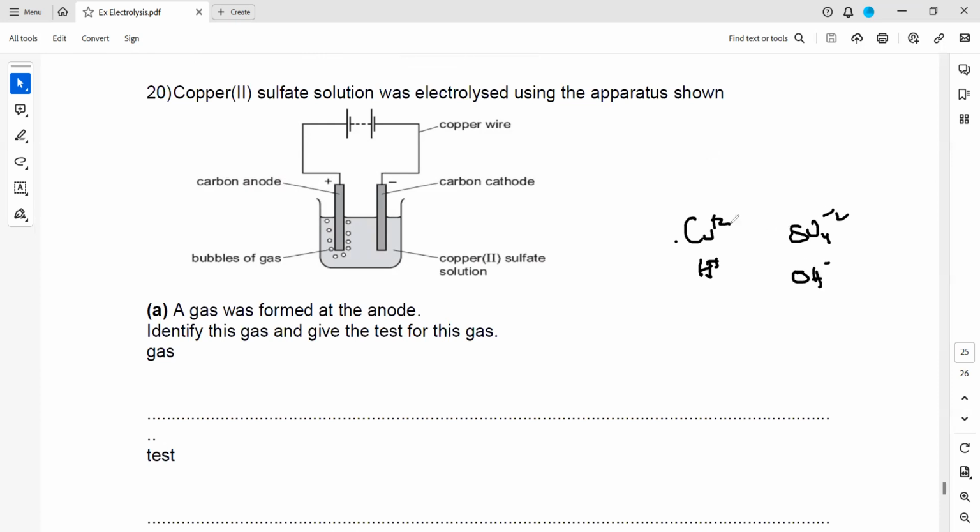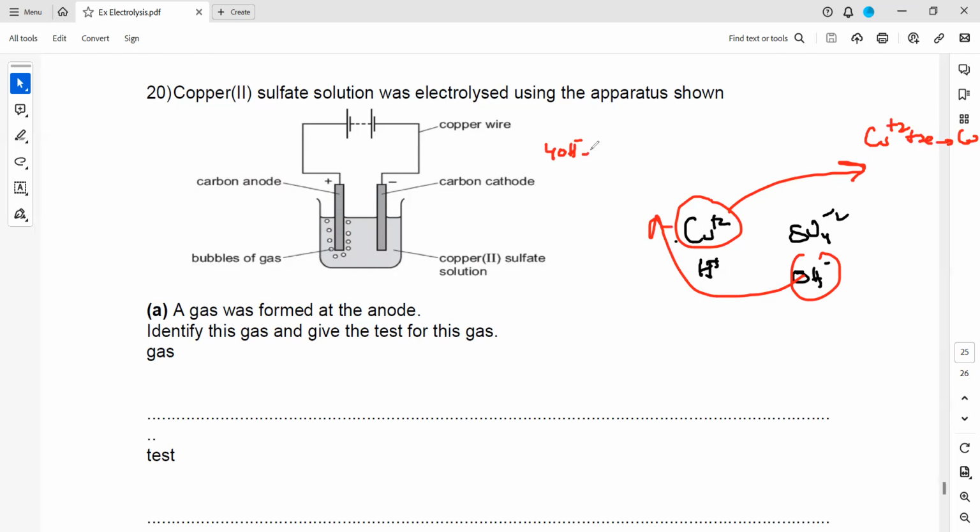Copper ions are less reactive, so the copper ions will move towards the cathode, and sulfate, nitrate and carbonates never move, so hydroxide ions will move there. What is the equation for the copper ions? Copper ions gain 2 electrons to form copper atoms. And 4 hydroxide ions lose 4 electrons. They will give oxygen molecules, 2 water molecules and 4 electrons. So oxygen gas is there. So a gas was formed at the anode. What is this gas? This gas is oxygen. So whenever hydroxide ions move there, there will be oxygen gas.